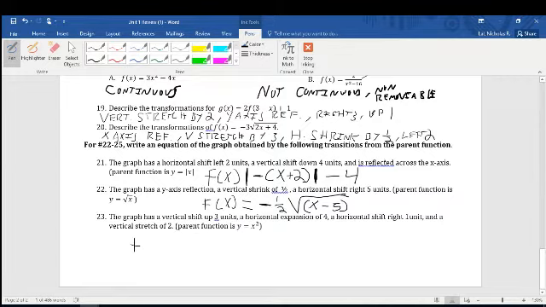So f of x is equal to 2, and then we'll have horizontal expansion of 4 times 1/4 of a horizontal shift right 1, x minus 1, and then I guess the last thing is a vertical shift up 3, plus 3.